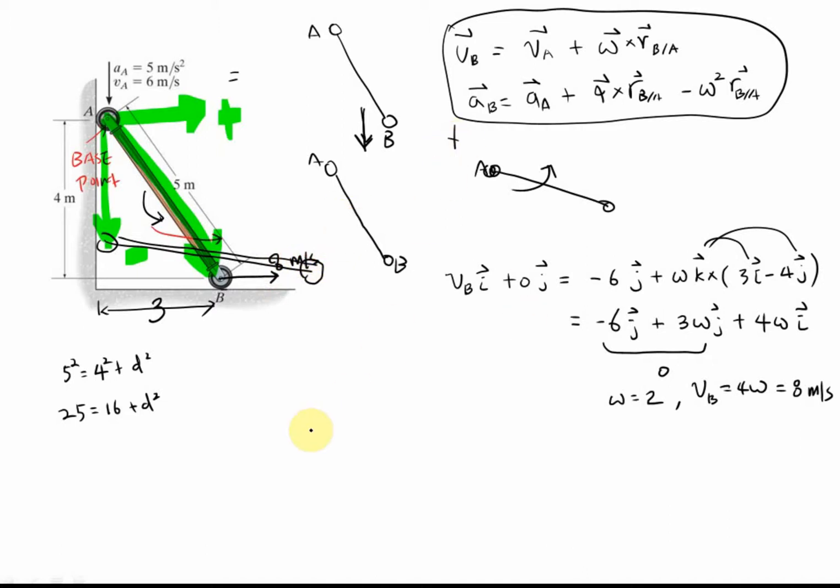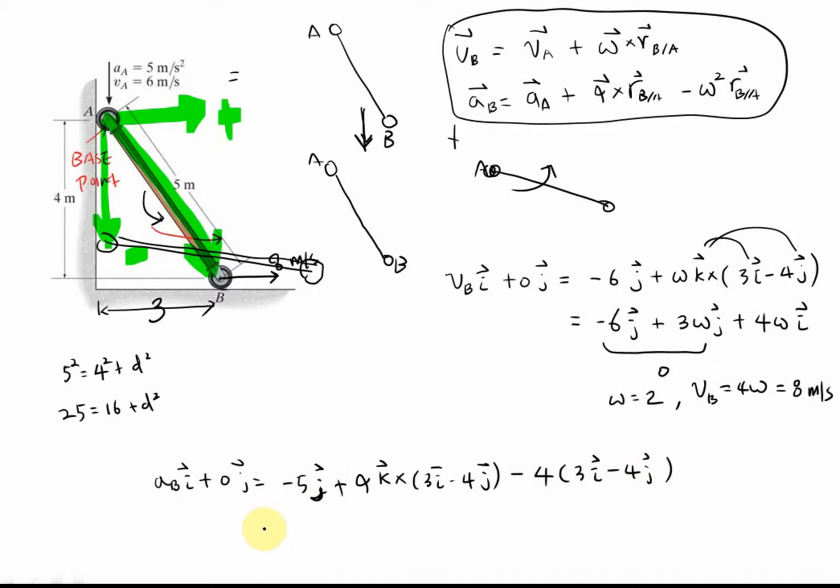How about the acceleration? Acceleration A_B, okay. So right now acceleration has only x direction as well. So I want to write A_B I plus 0J, okay, and A_A has negative 5J, okay, and alpha I do not know, so alpha K cross 3I minus 4J, and we got the omega 4 times 3I minus 4J.